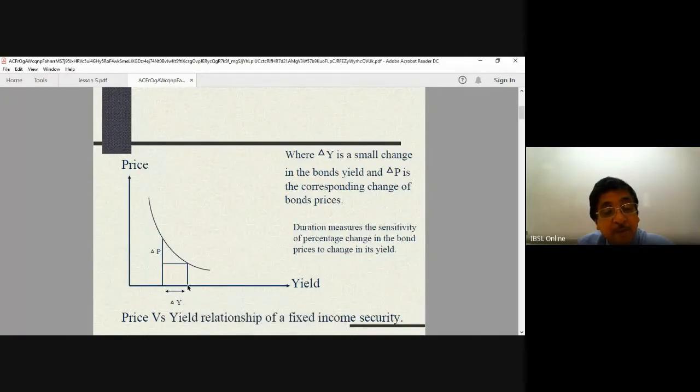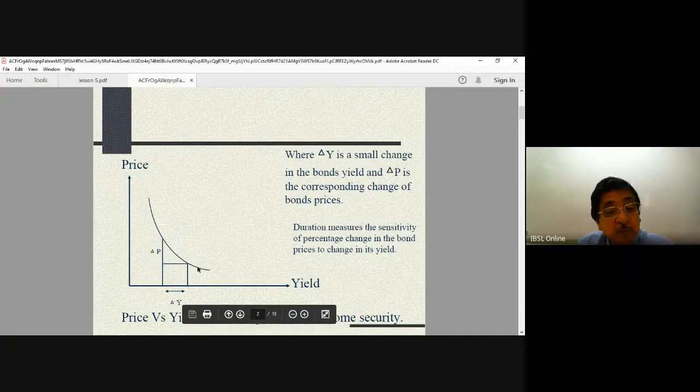The arrow points the level of yield. Then the corresponding price will be this. To get that value, you draw a line parallel to the x-axis and it meets the y-axis here. So that is the price. You observe that earlier the price was this when the yield was this much, but now the price is this. So the price drops with the increase of yield. That is the relationship.